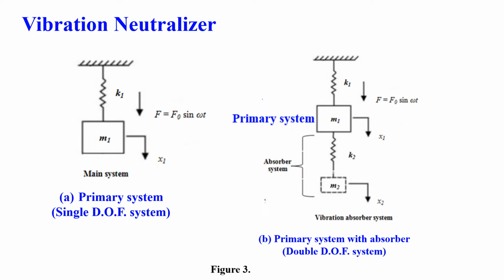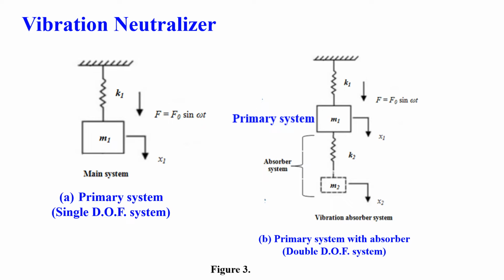The exciting force is acting in the downward direction, so the restoring force due to spring K1 is acting in the upward direction. That force is K1 x1 and the inertia force due to mass M1 is also acting in the upward direction and that is M1 x1 double dot.